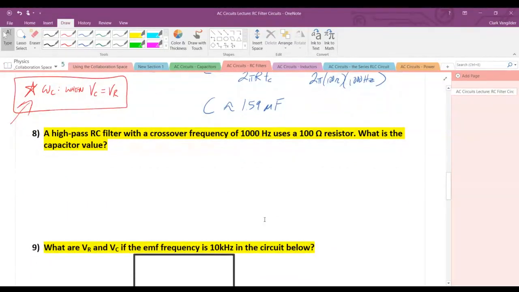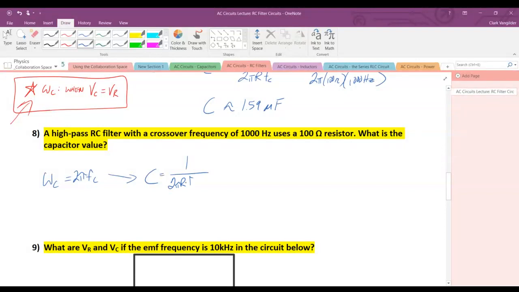All right. Number 8. A high pass filter with a crossover frequency of 1000 uses a 100 ohm resistor. So we did low, now we're going to do high. Same bit here. Omega C is still going to be 2 pi fc, and this means that our capacitance is going to be same as before, 1 over 2 pi RFC.